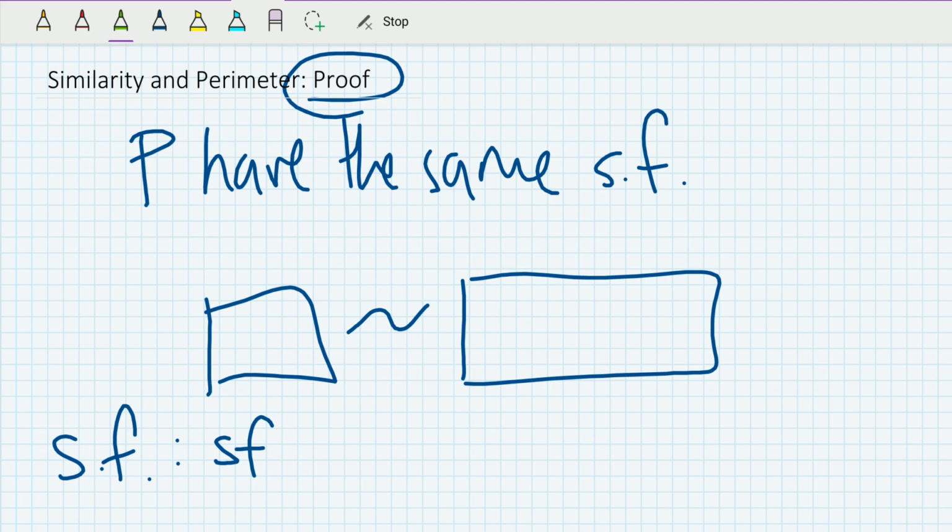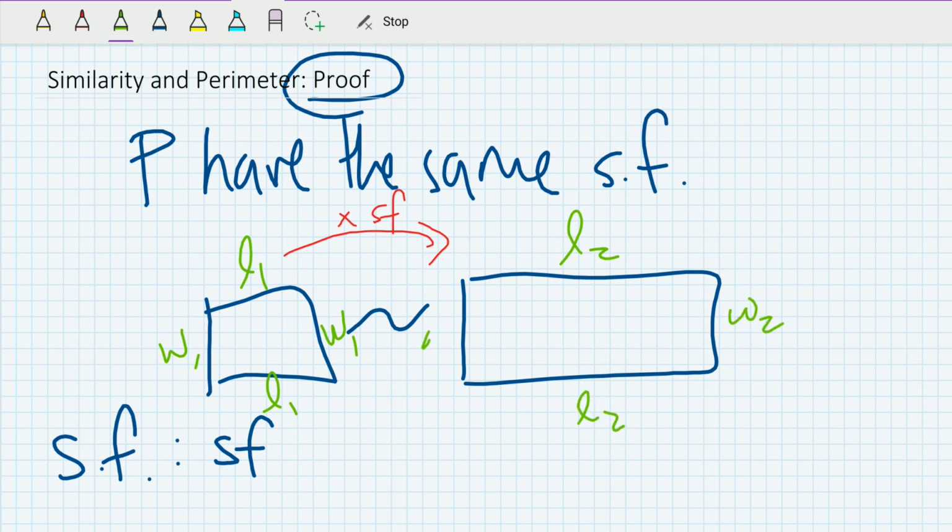For the first rectangle, I'm going to call the sides length, width, length, width, and label them L1, W1. Then let's imagine we dilated this and multiplied every single side by the scale factor. Now it becomes L2, L2, W2, W2.